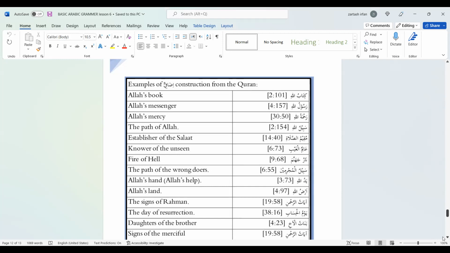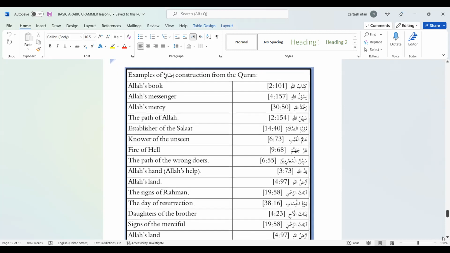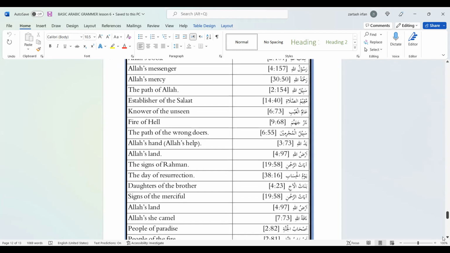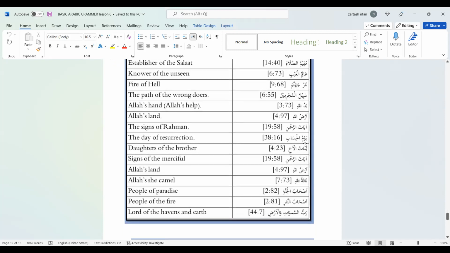And just like that, there are so many examples that we can find in Quran. You can open the Musaf and you can highlight all these examples in your Musaf.